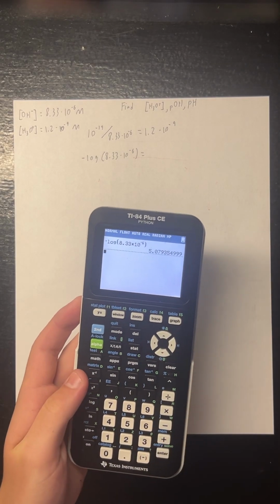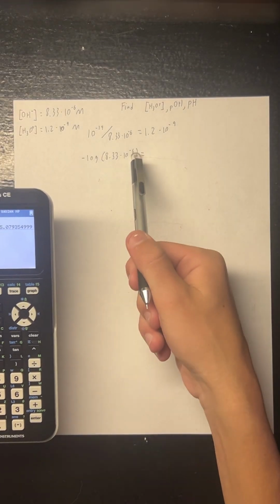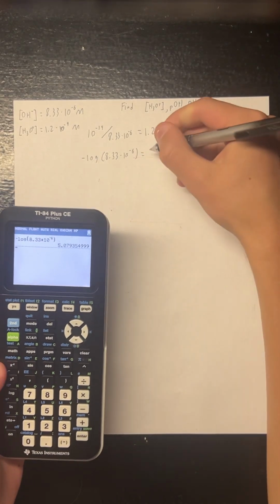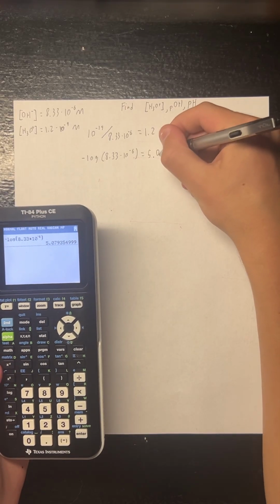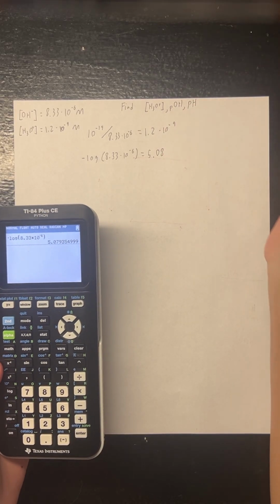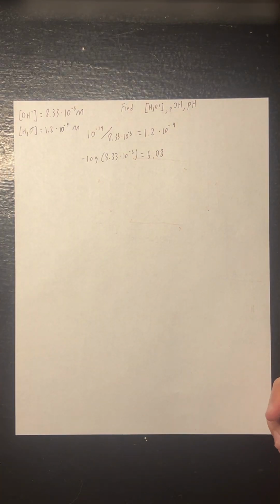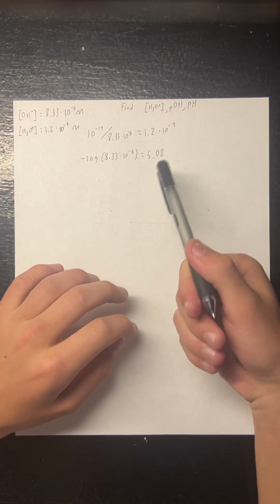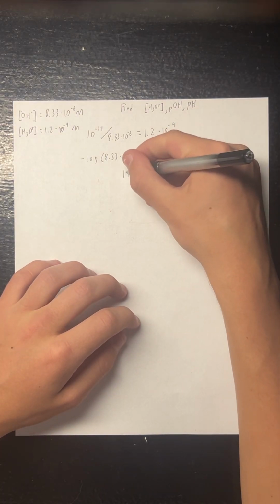What do we get? 5, which is pretty accurate because it should be a little less than this exponent. So we get 5.08, we can say.